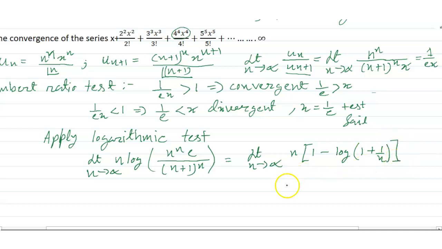It can be written this way, and after that it can be written this way, 1 minus, 1 by n minus 1 by 2n square, and so on. Here also you multiply n, so it is n into, so the value is 1 by n minus 1 by 2n square plus up to infinity.